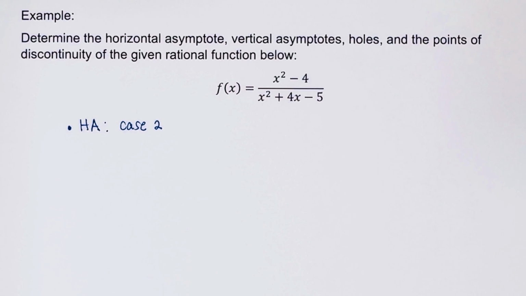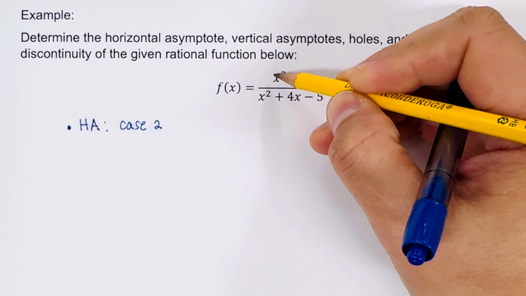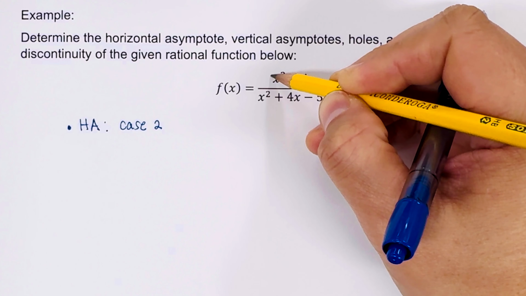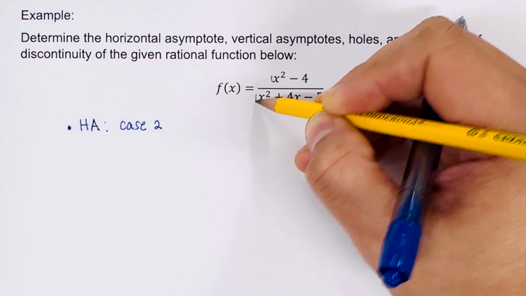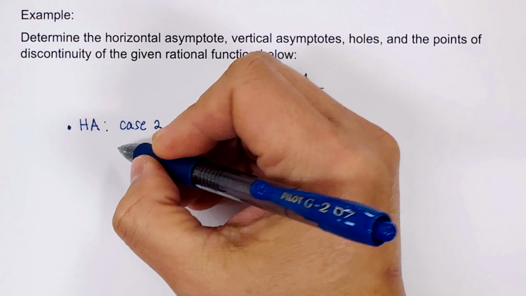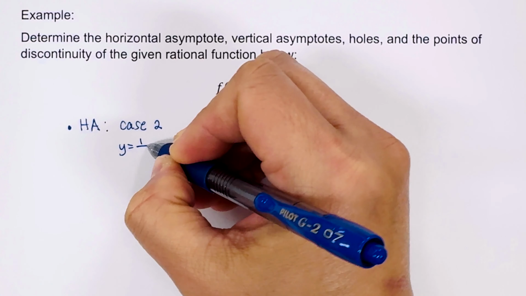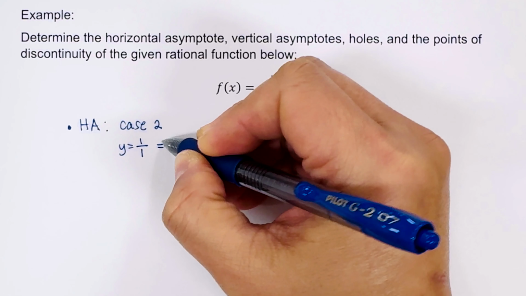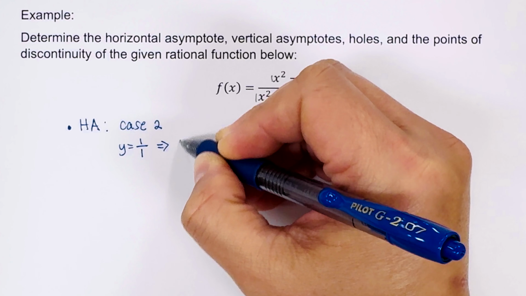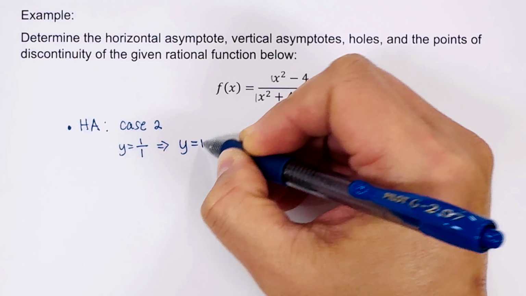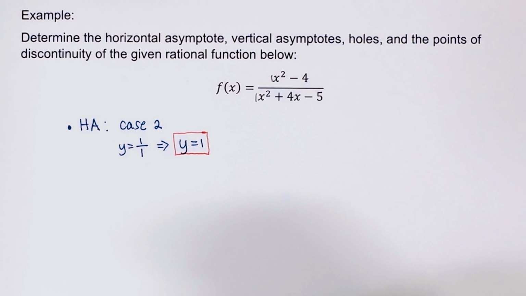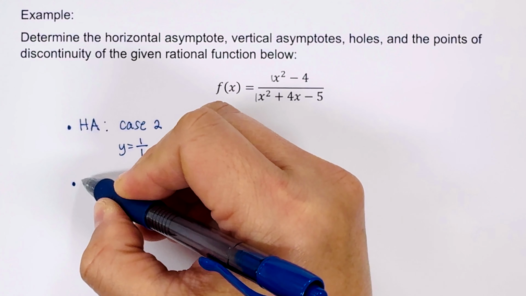To find the equation for the horizontal asymptote for the second case, all we need to do is divide the coefficient of the first term here by the coefficient down here. So that would be y equals 1 over 1, which tells us that our horizontal asymptote is at y equals 1.